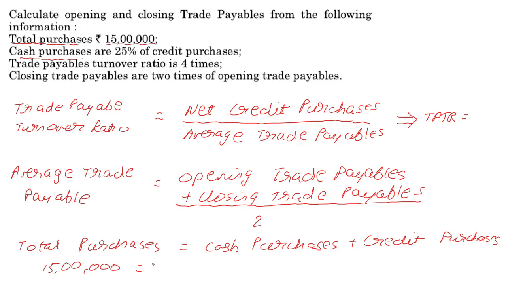And we do not know either of those numbers. But if I take credit purchase as X, then cash purchase has to be 25% of X. Now I can proceed to solve.